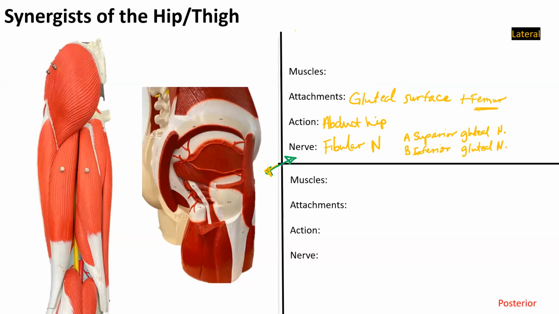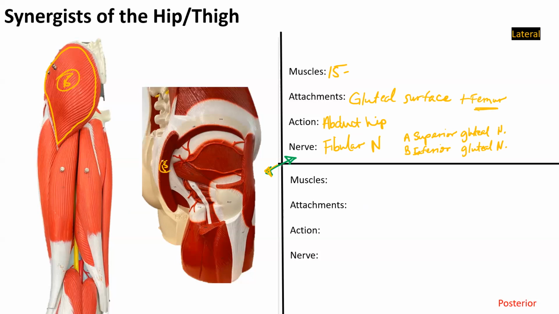Okay, so here, let's see, where did I end my numbering? At 14. So I'm going to start my numbering here at 15, just like that. And we're going to see that this big muscle right here is number 15. That is gluteus maximus. You should not get that wrong. Gluteus maximus is the easier one. This is the large torso model that you have in class, and I just snipped a picture of the hip area.